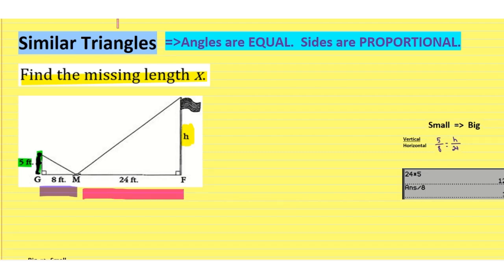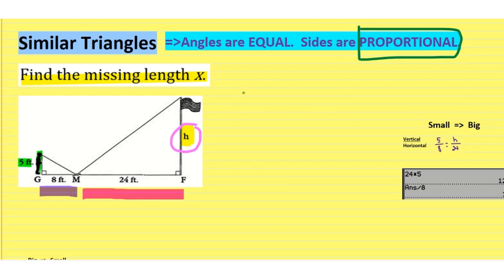But what is true about these two triangles is that they are similar. We can compare the two shadow sides and the two heights in order to find the height of the flagpole. So again, we create proportions. That is key. Sides are proportional.